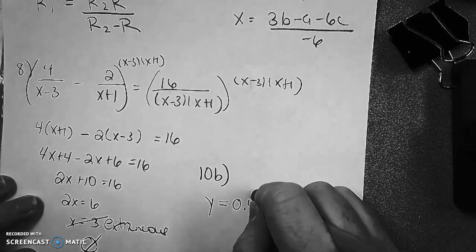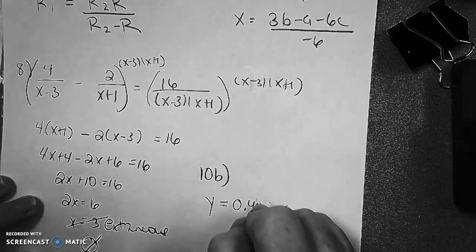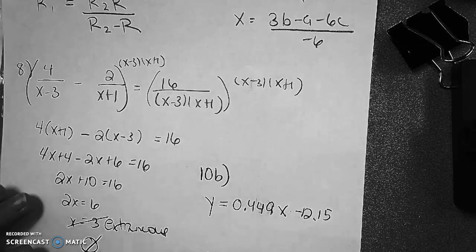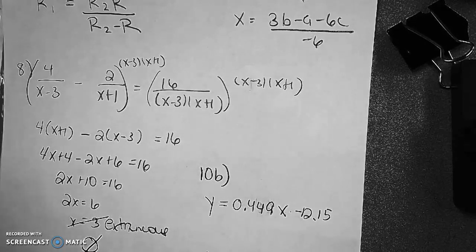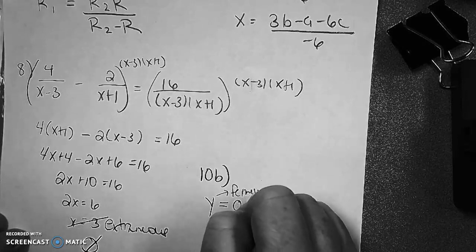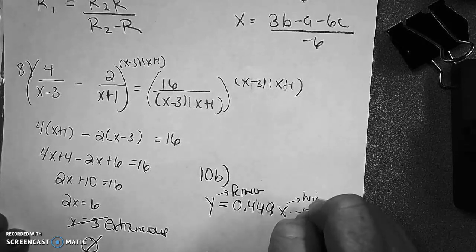Oops, I'm copying the female. And so as we're looking at that, it says it's the relationship between a femur and the height, where y is the femur and x is the height.